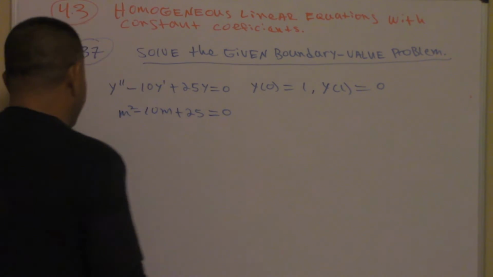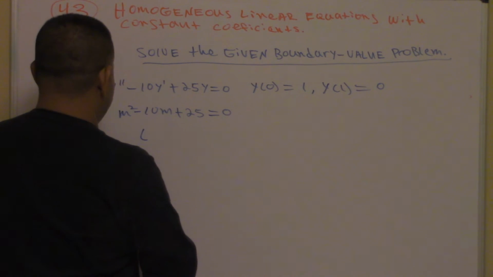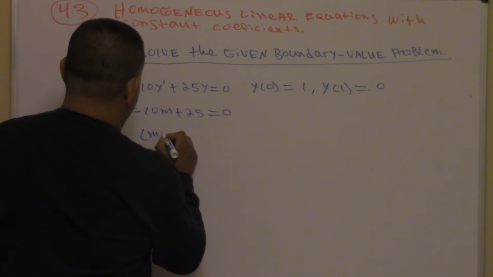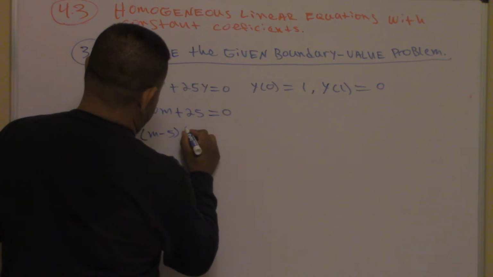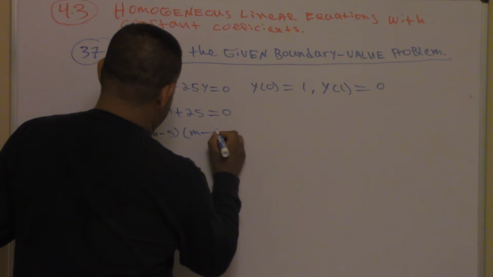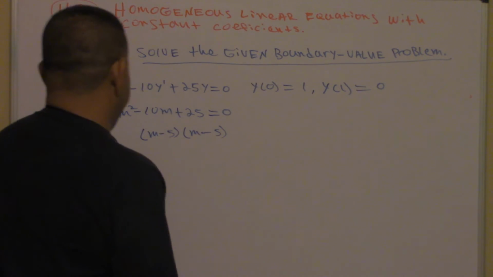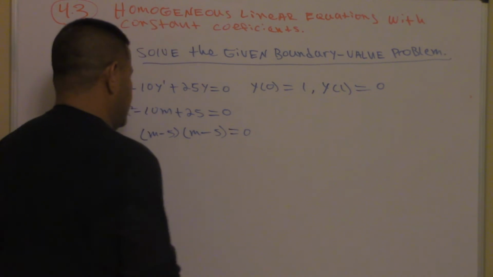If we factor this, we get m minus 5 times m minus 5, right? Now this is equal to 0.